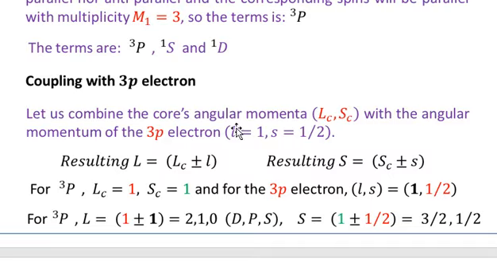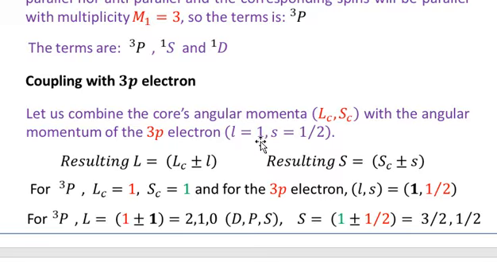So let's combine the core angular momenta Lc, Sc with the angular momentum of the 3p electron. And for this 3p electron, the value of L is equal to 1 and the value of S is equal to half.